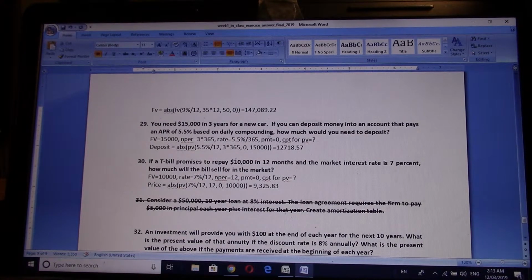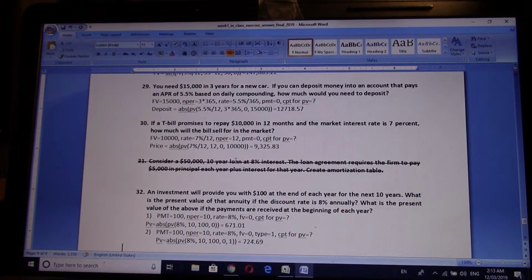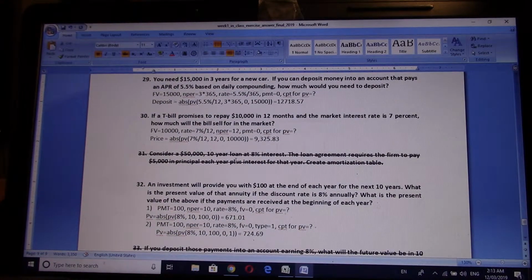So this is 29. Question number 30. If a T-bill, a treasury bill, promises to repay $10,000 in 12 months and the market interest rate is 7%, how much will the bill sell for in the market? Okay.